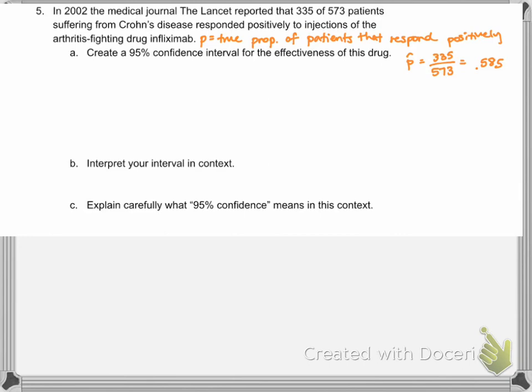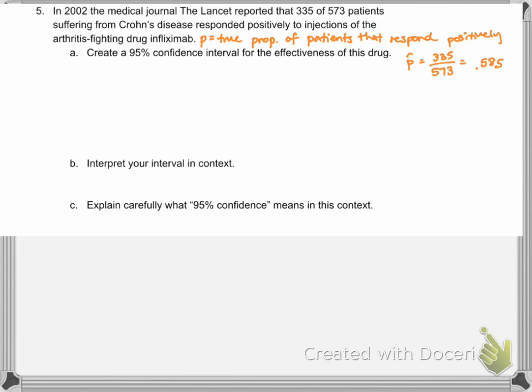It says in 2002, the medical journal The Lancet reported that 335 of 573 patients suffering from Crohn's disease responded positively to injections of the arthritis-fighting drug infliximab. I'm looking at a 95% confidence interval for the effectiveness of this drug, trying to say something about the true proportion of patients that are responding positively.